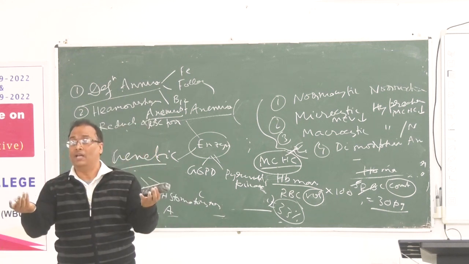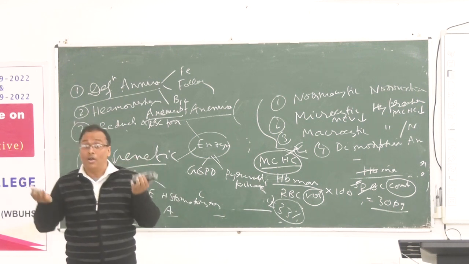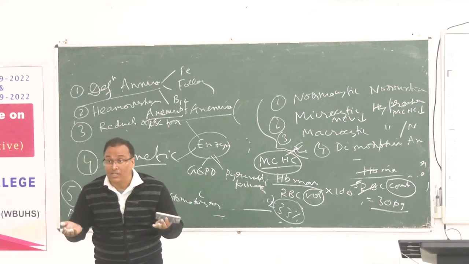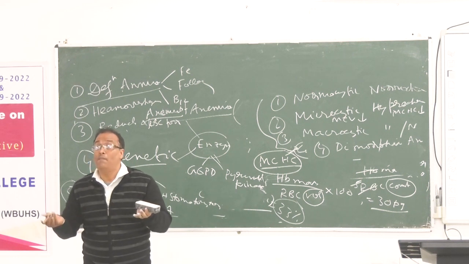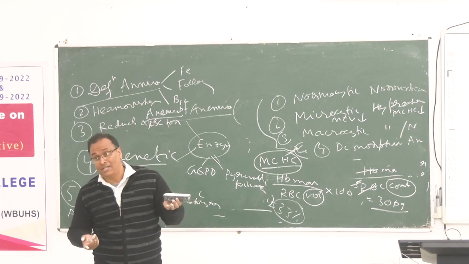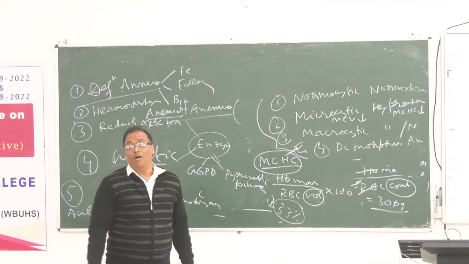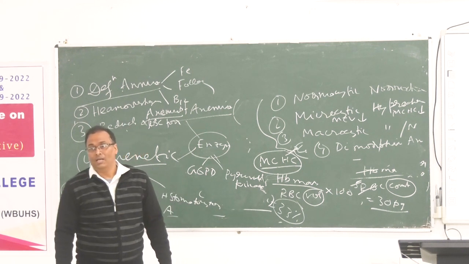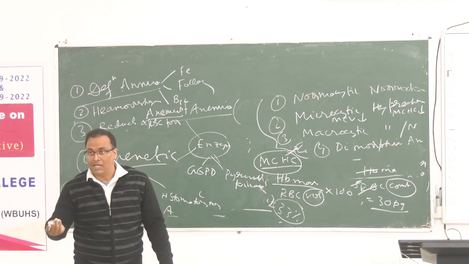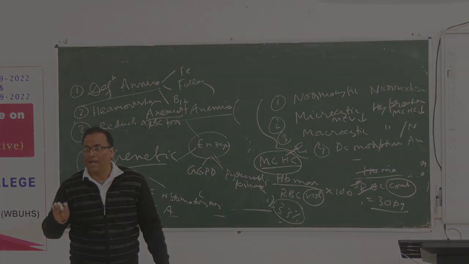So why is it increasing in macrocytic anemia? Because there is no DNA condensation. And for DNA synthesis, which important vitamins must be there? Vitamin B12 and folate. So these deficiencies cause macrocytic anemia. I will discuss in the next class. Up to this, I dismiss my class. Thank you very much.